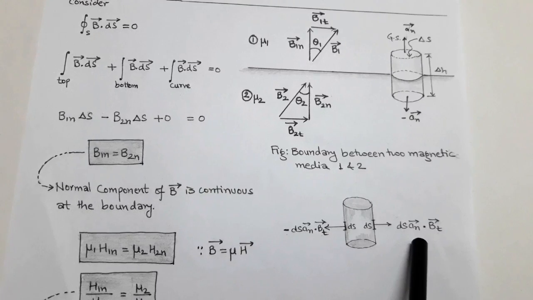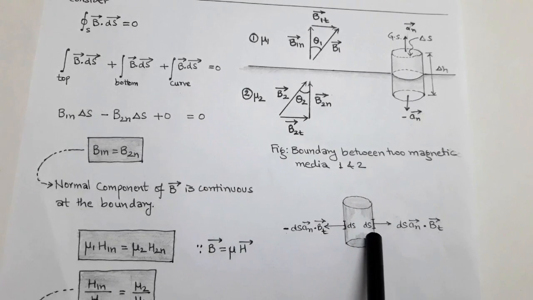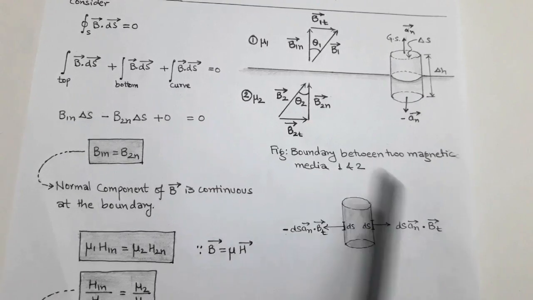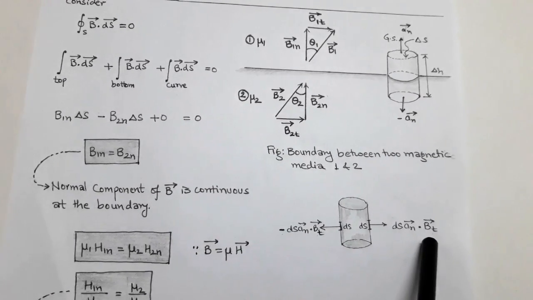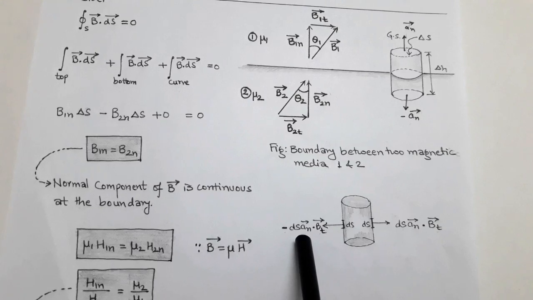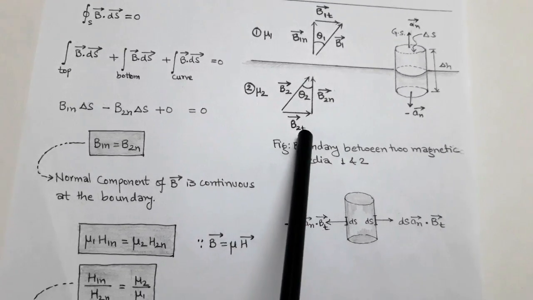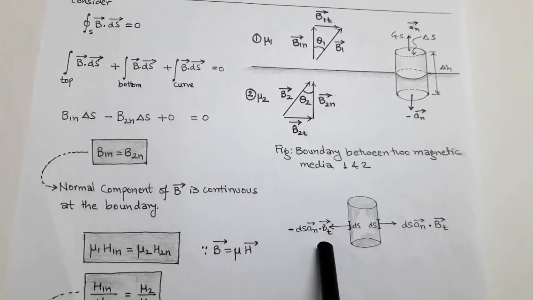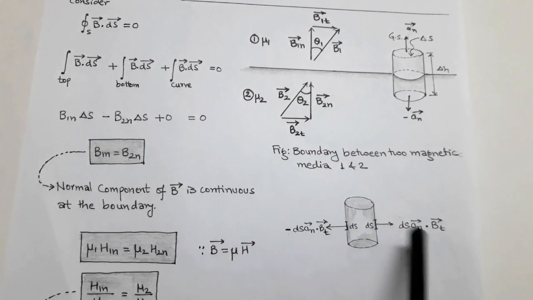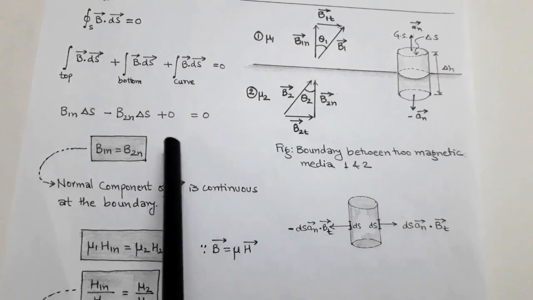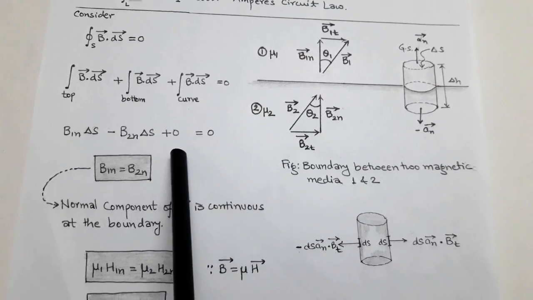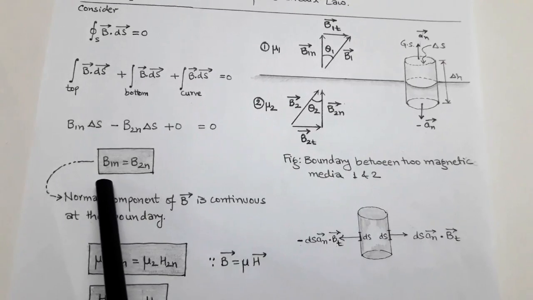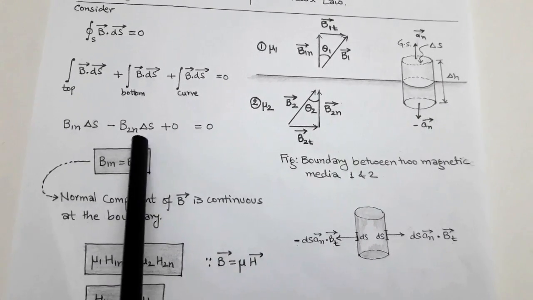For example, here the right side differential surface has a direction towards the positive tangential vector of B and its left side differential surface has a direction towards the minus tangential vector of B. So the net is 0. So the third term, the surface integration of B dot ds, equals 0. So we get only the two integrations, that is for top and for the bottom.